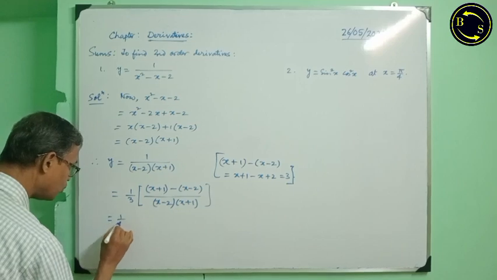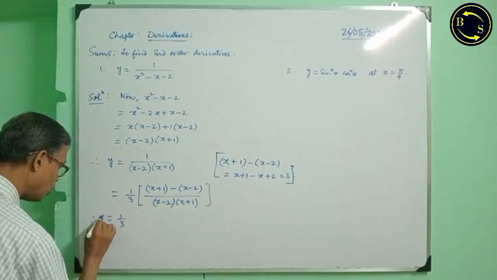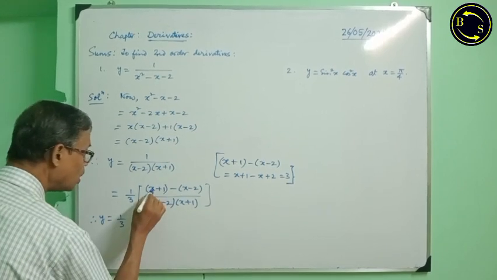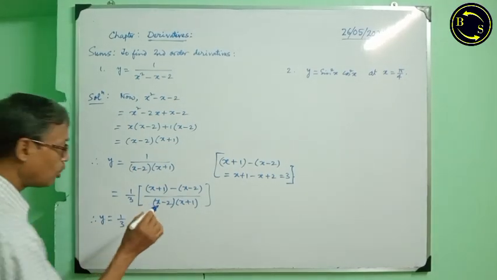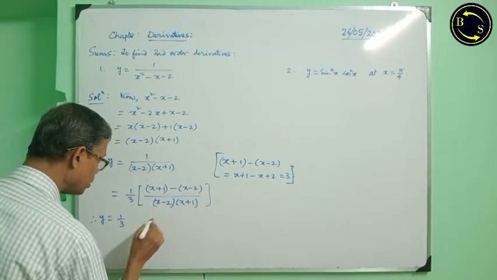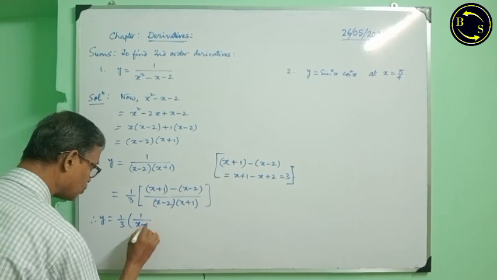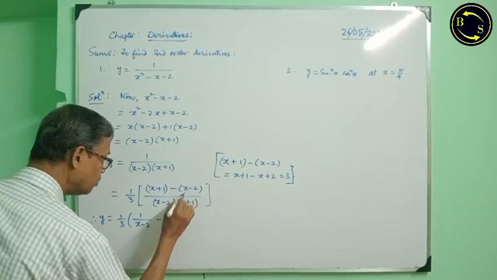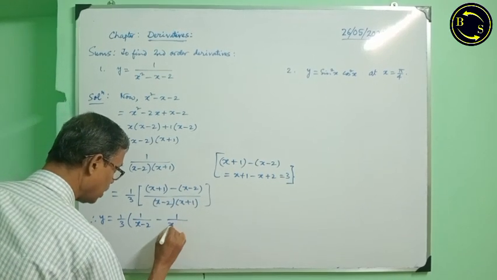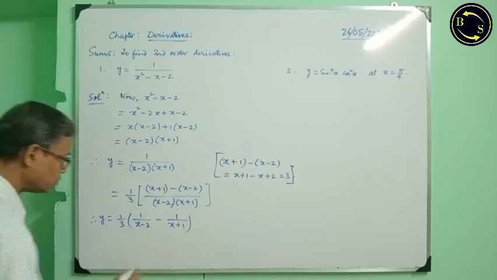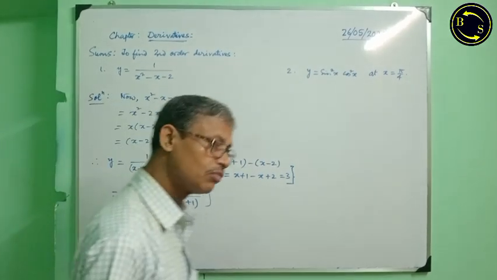That is equal to y is equal to, now we apply distributive law, 1 by x minus 2 minus 1 by x plus 1.